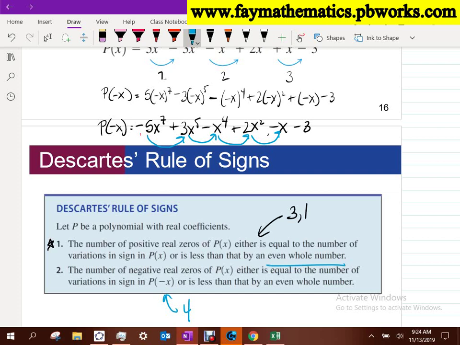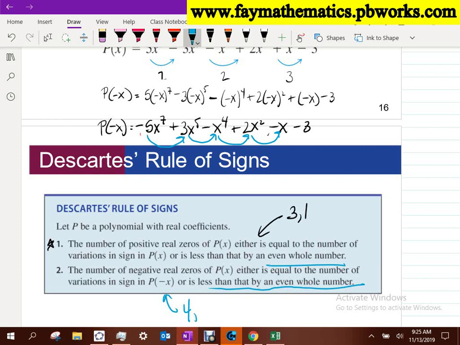And the reason for that is we're counting zeros here, right? So it should be a finite amount. Can I have a negative amount of something? No, I can't have a negative amount of zeros in my hand, or maybe a negative amount of dollars in my hand or something like that. It's not possible. So what they're saying, less than that by an even whole number, basically just says repetitively subtract 2 until you get a result of 0 or 1 and you stop.